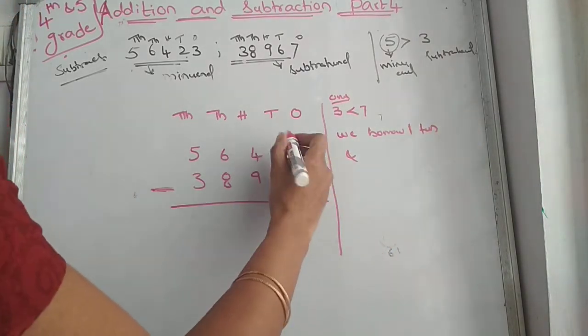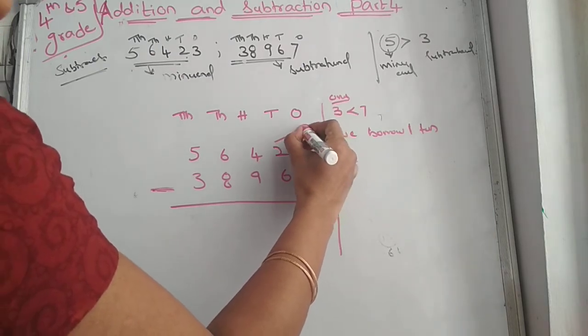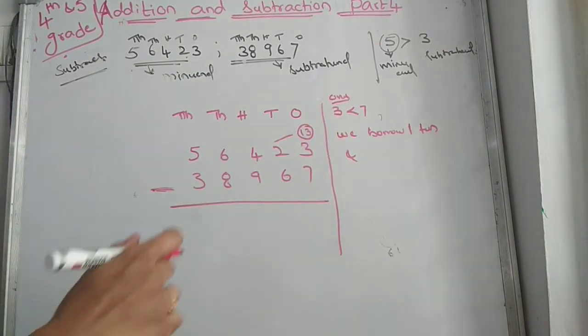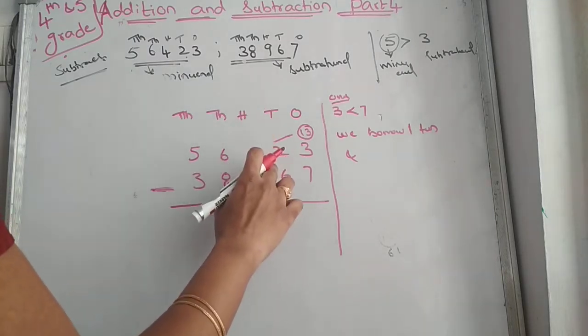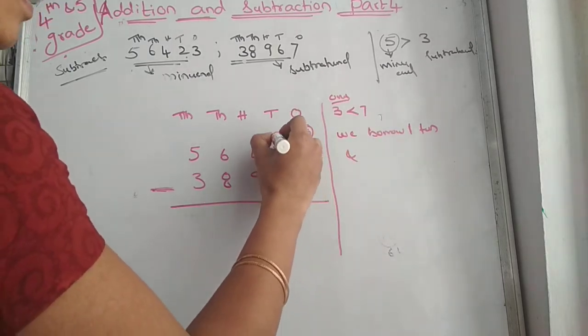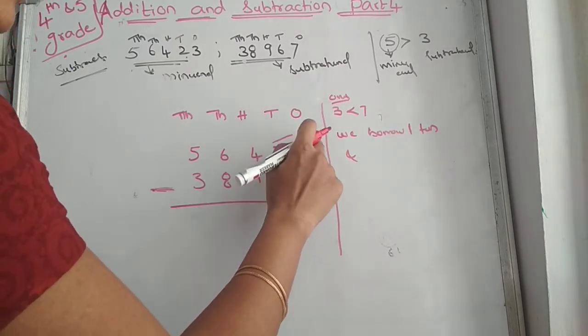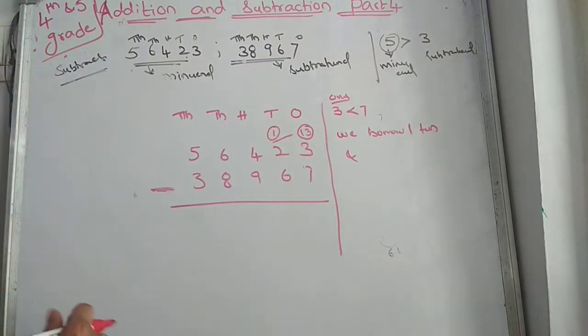If we borrow 1 ten here, what will we get? It will be 13. How will it happen? I will explain. The tens place will decrease by 1, because it is giving 1 to the ones place.